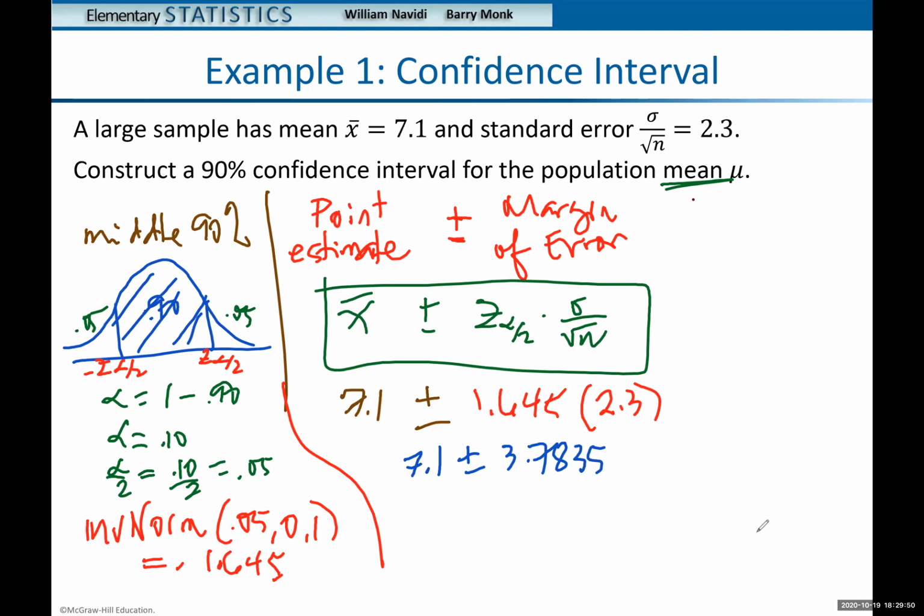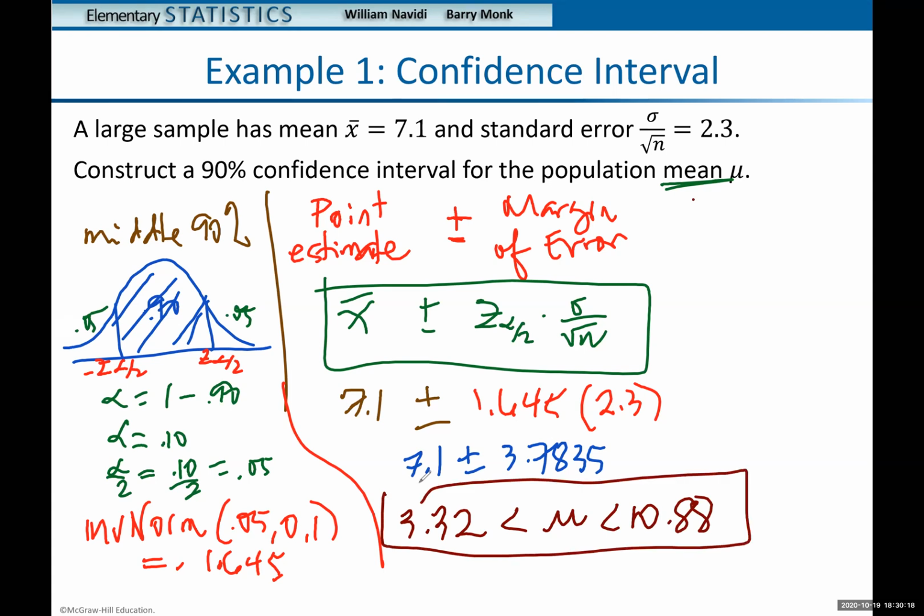And when you subtract 3.78 from 7.1, it is 3.32. So 3.32 and 10.88, to 2 decimal places.